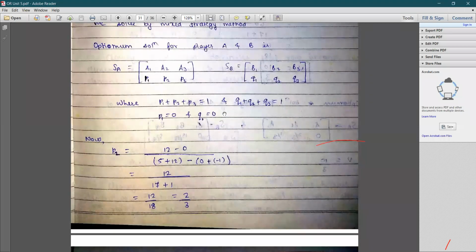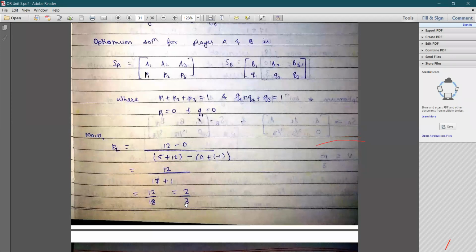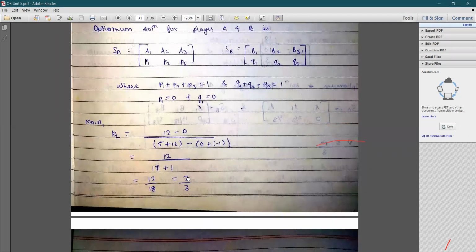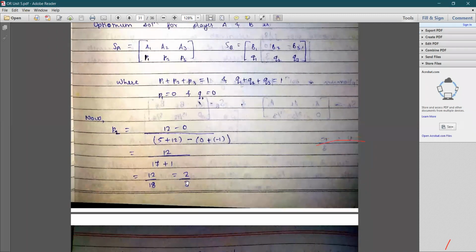Then we get 12 upon 17 plus 1, 12 by 18, is equal to 2 by 3. Divide this by 6. Then we get 2 by 3. P2 is equal to 2 by 3.